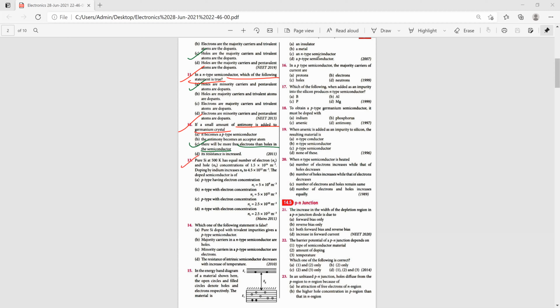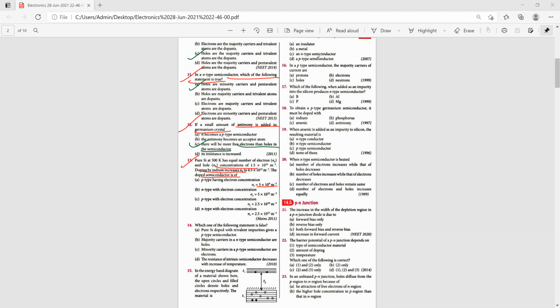13th one, pure silicon at 500 Kelvin has an equal number of electrons and holes, concentration of 1.5 × 10^16 per meter cube. Doping by indium increases the hole concentration to 4.5 × 10^22 per meter cube. The doped semiconductor is of: p-type having electron concentration Ne equal to 5 × 10^9.